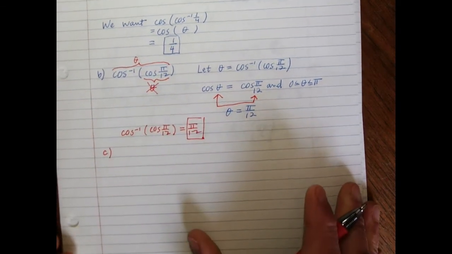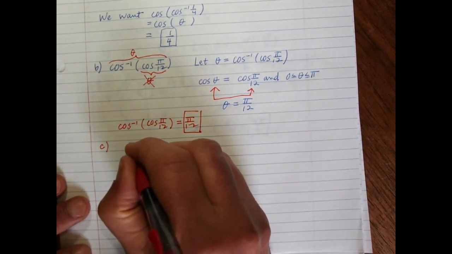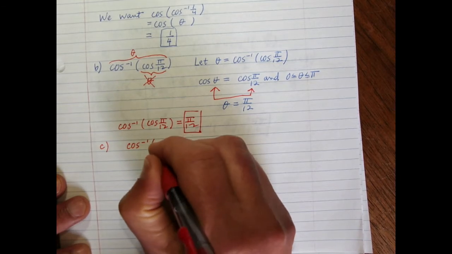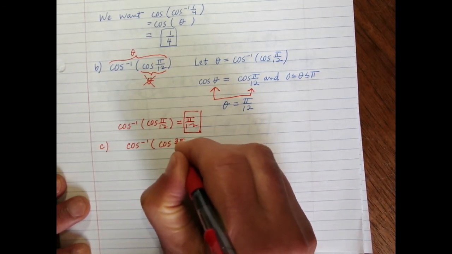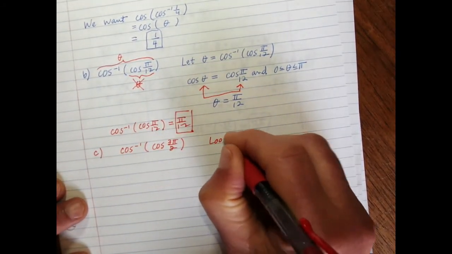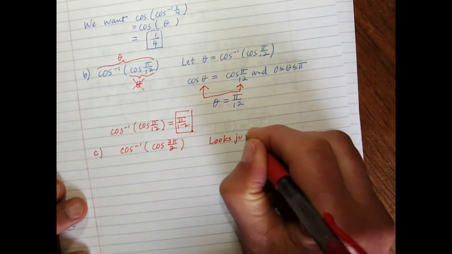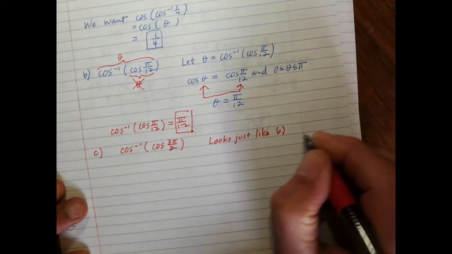So there's this exception, and so we're going to look at C here. One more problem. Cosine inverse of cosine 3 pi over 2. It looks just like B, right? But it's not.